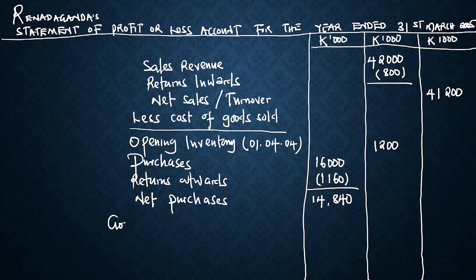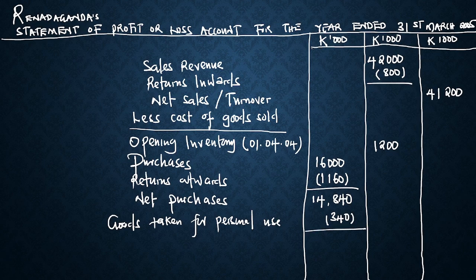So we say goods taken for personal use. What would be the value there? $14,500.